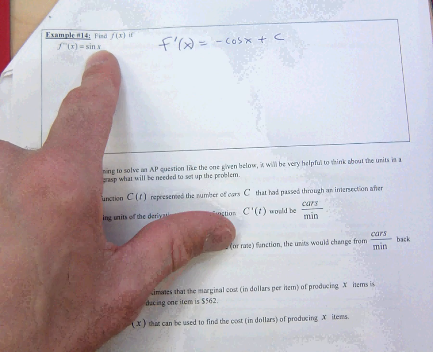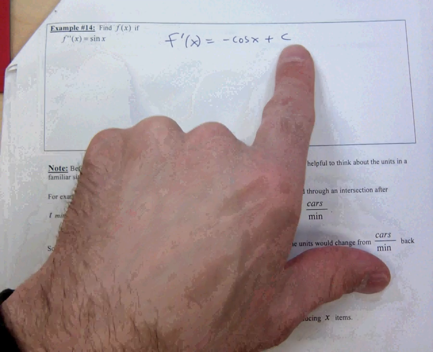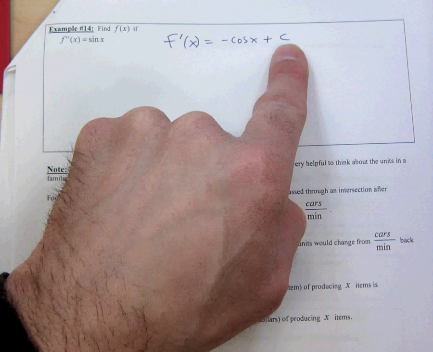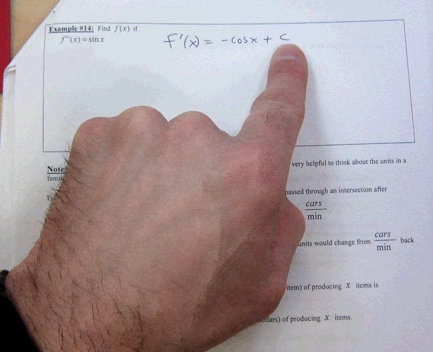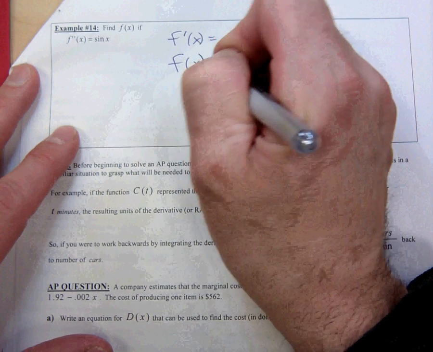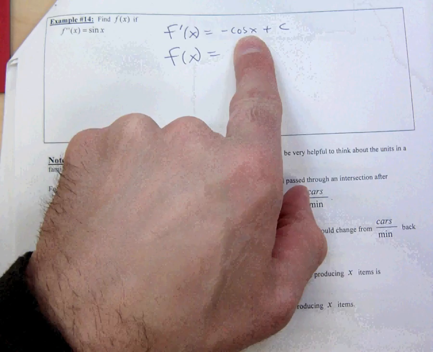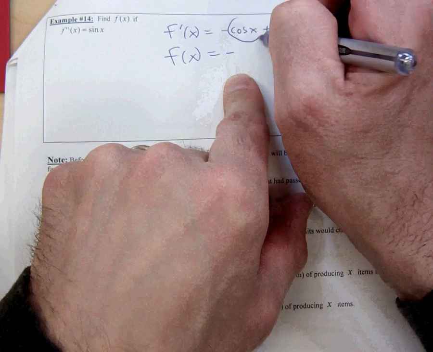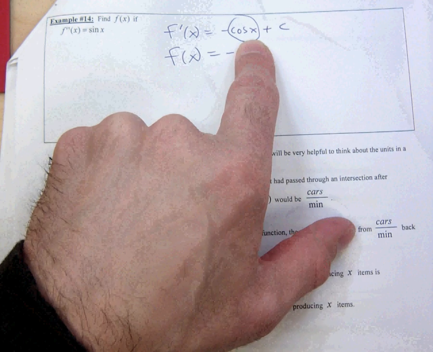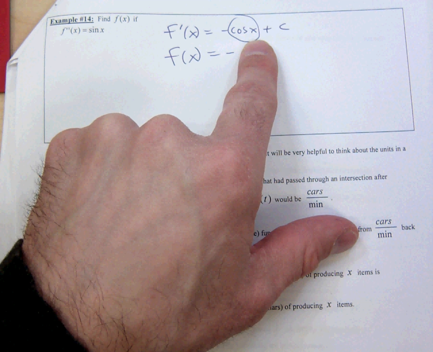Everybody agree? Okay. Now, I don't have any initial conditions, so I'm not going to be able to find c this time. I have to just leave it as c. Now when you integrate that, isn't that going to turn into f? So think about it. Just leave that negative alone and let's just worry about that. What is the antiderivative of cosine? Well, you all know that the derivative of sine is cosine.